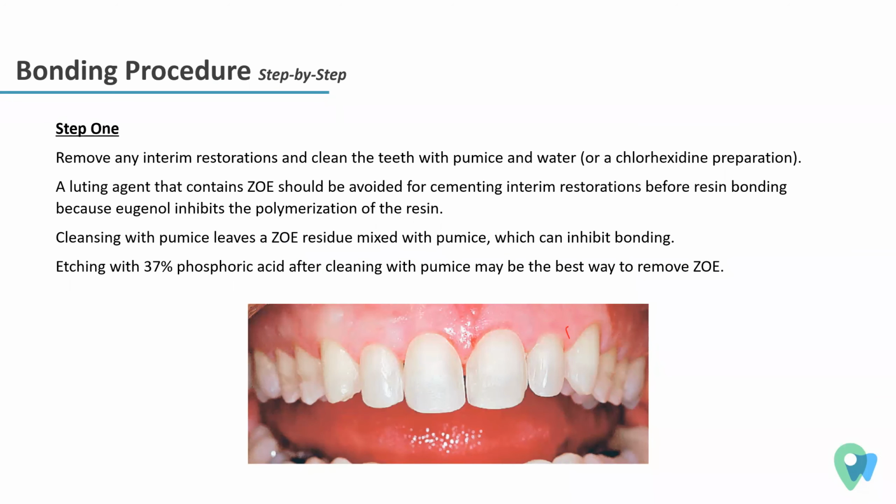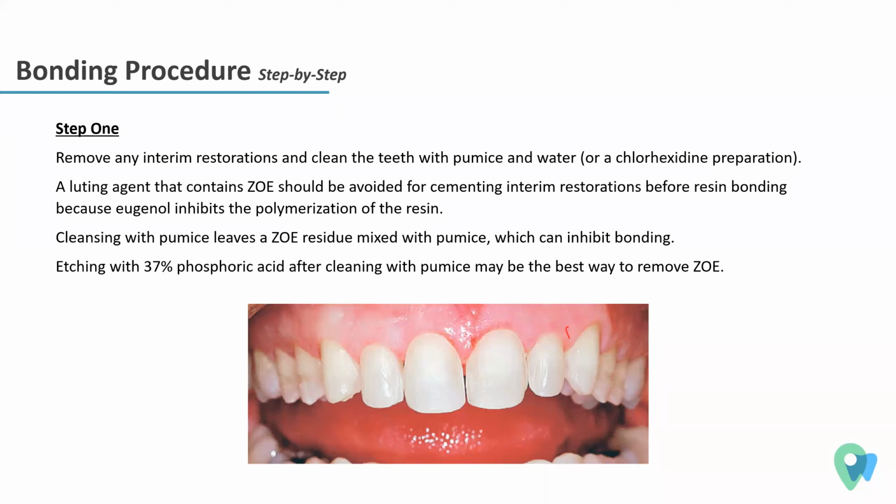Step 1. Remove any interim restorations and clean the teeth with pumice and water or a chlorhexidine preparation. A luting agent that contains zinc oxide eugenol should be avoided for cementing interim restorations before resin bonding, because the eugenol inhibits the polymerization of the resin.